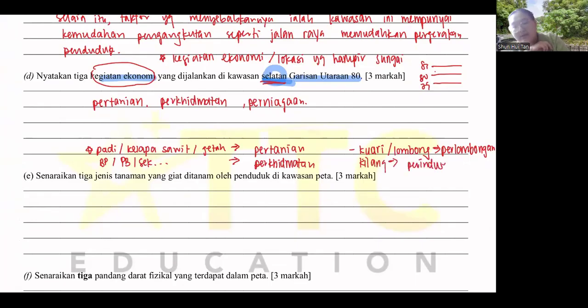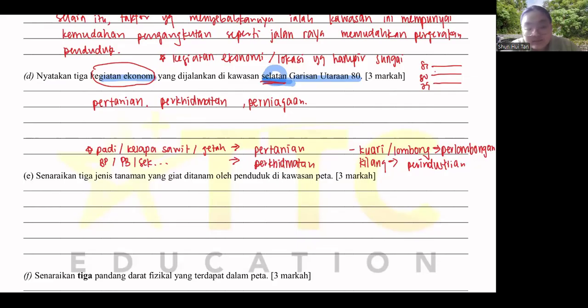But most of the time, it will involve industry pertanian. If you can read the map, follow the map. If you really cannot read, then it's okay, you write pertanian. Understand? Can. And move on, yeah? Now, next.